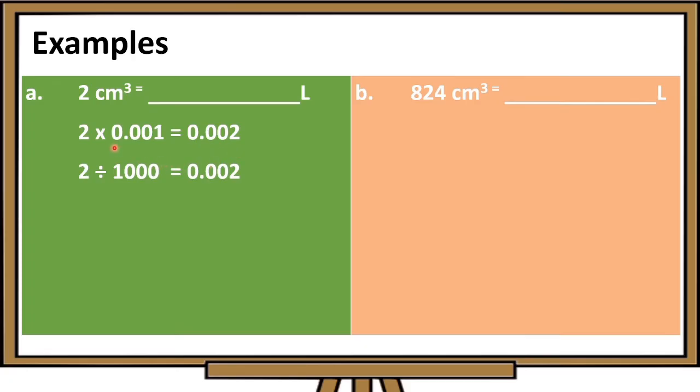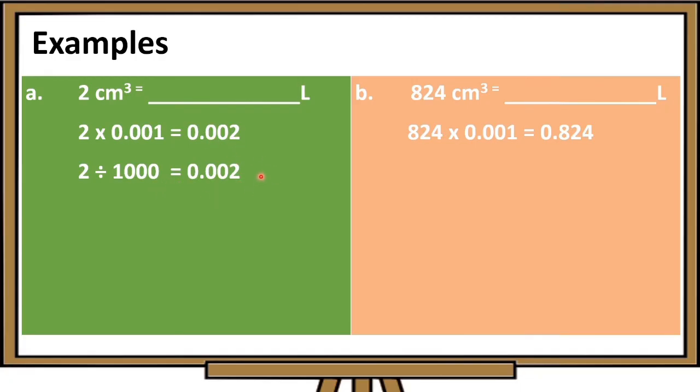So, let us check. Sama natin tong full number. 1, 2, 3, 4. So, yung sagot natin, 1, 2, 3, 4. Or the second formula, you can divide 2 divided by 1,000. Same answer din lang yung makukuha natin.